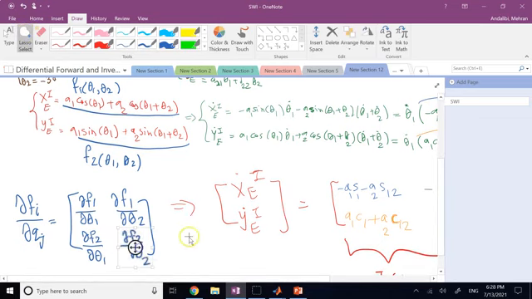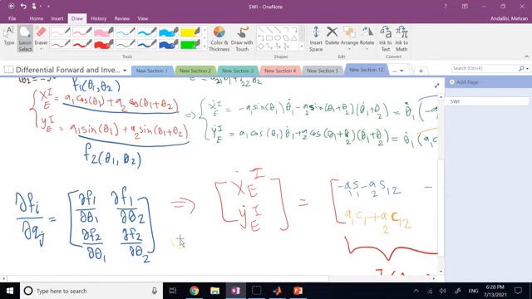Now what is it in this case? So what is this first component? Partial of f1 with respect to theta 1. Here you don't need to take time derivative, just theta 1 derivative. So when you take derivative with respect to theta 1 it means everything else has to be treated as a constant. So theta 2 you can treat as a constant. Derivative of this is negative a1 sine theta 1.